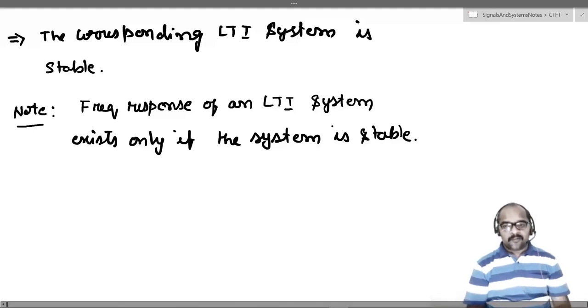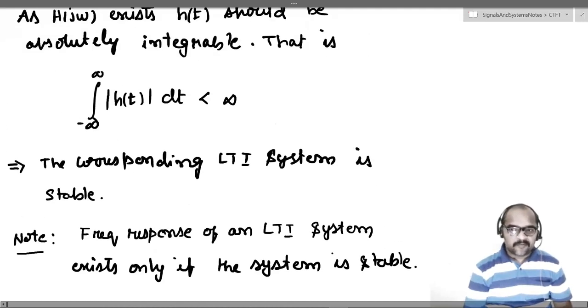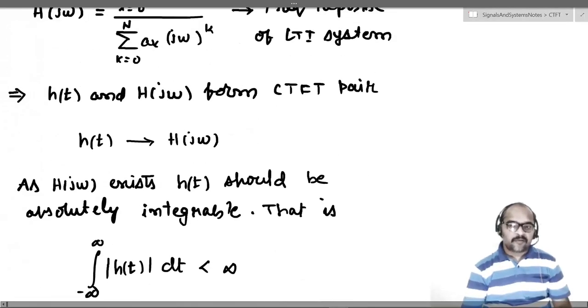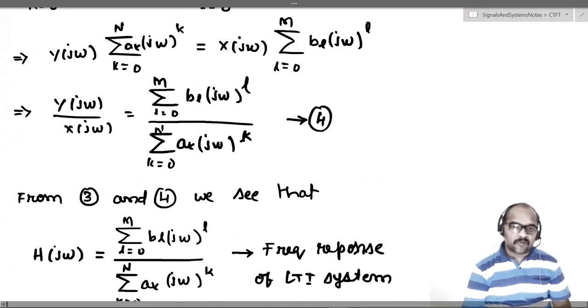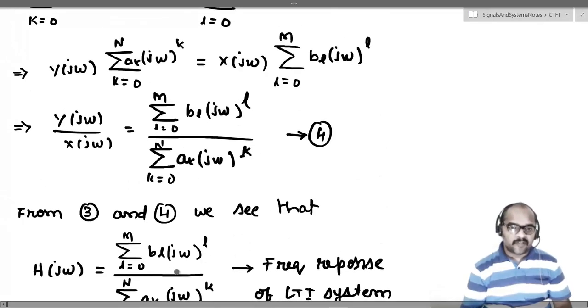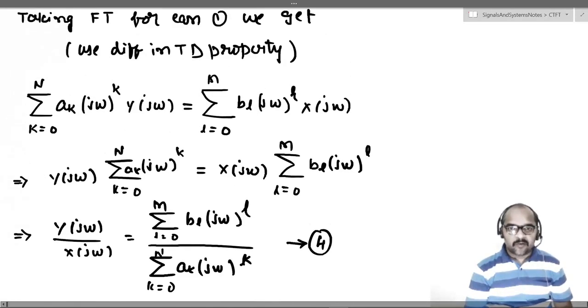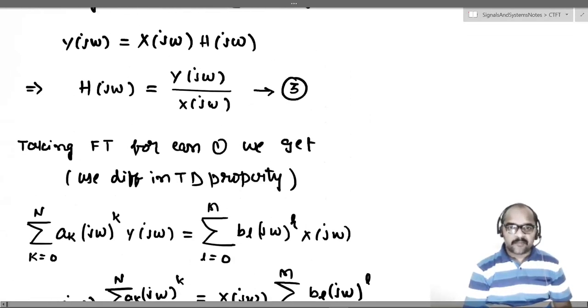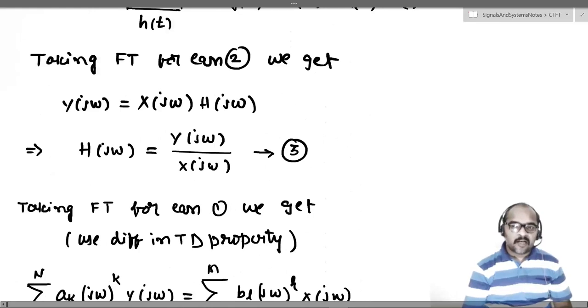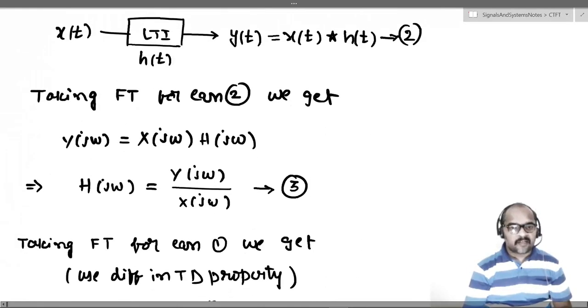So what have we seen from the differential equation? We got the frequency response of the system in this way, which is given by equation 4. But we know that the output of the LTI system can be written in terms of convolution, and from that also we got the frequency response.